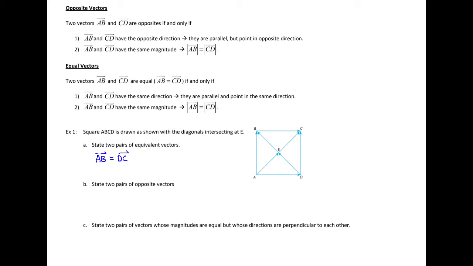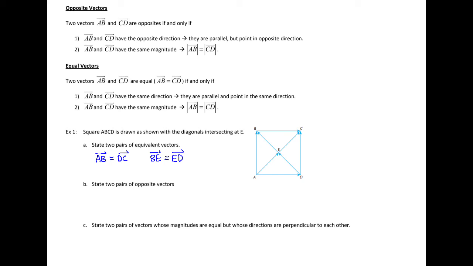Another pair we can use is vector BE, which is going to be the same as vector ED, because if you put point E to where point B is, then point D will overlap with point E. That means they have same direction, same magnitude.